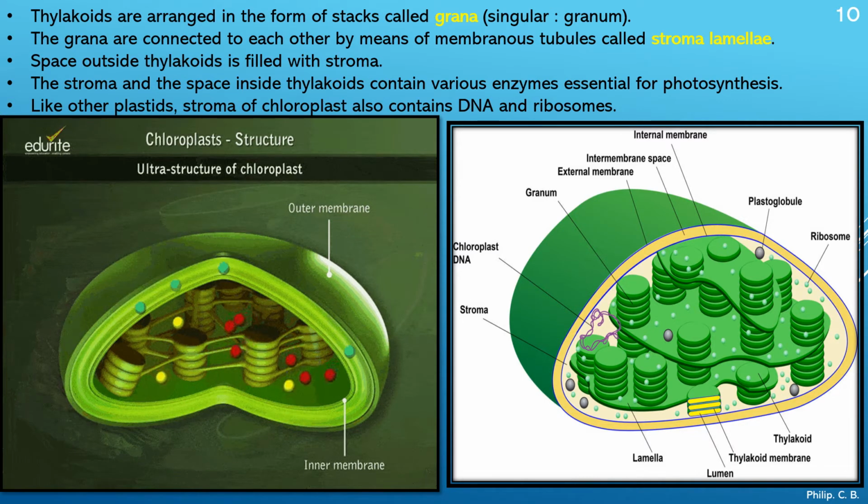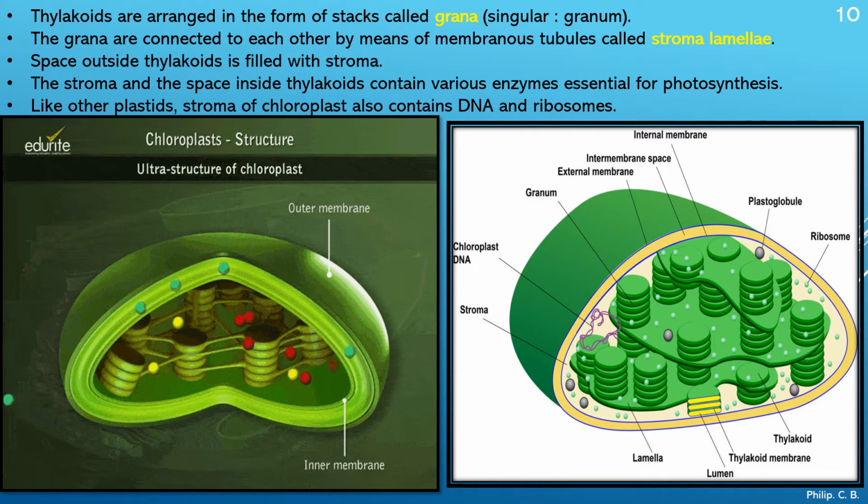Inside we can see red colored granules, yellow colored granules, green colored granules. The red ones are the sugar molecules, and you can see the inner membrane. The yellow ones are other components besides the starch, or sugar molecules, present in it, right?